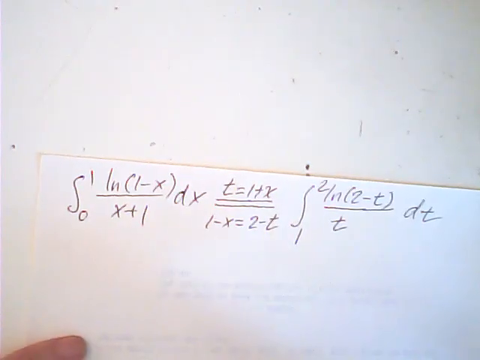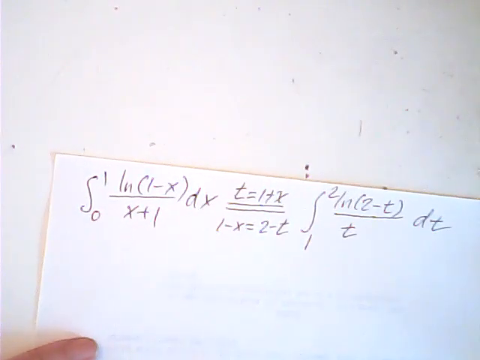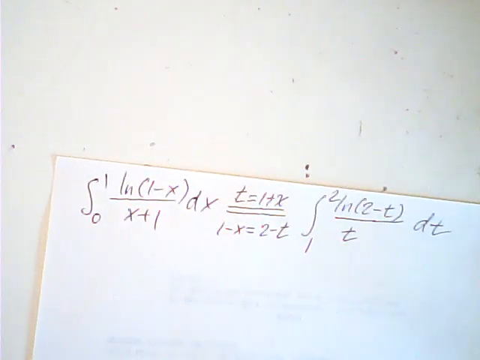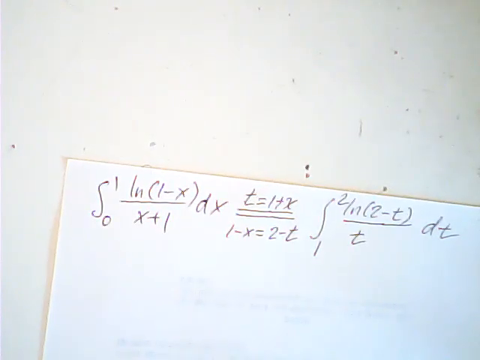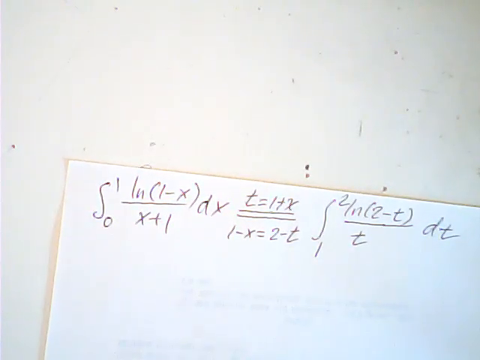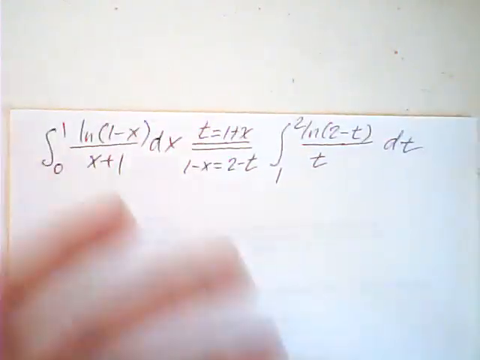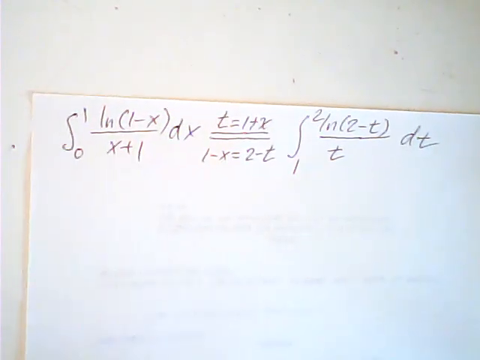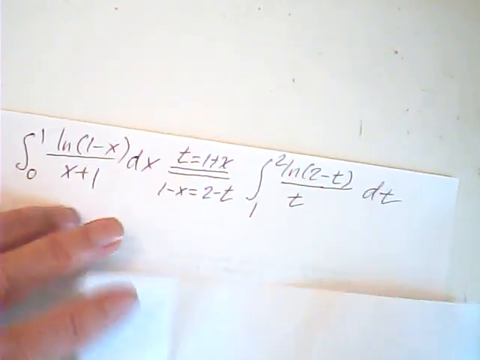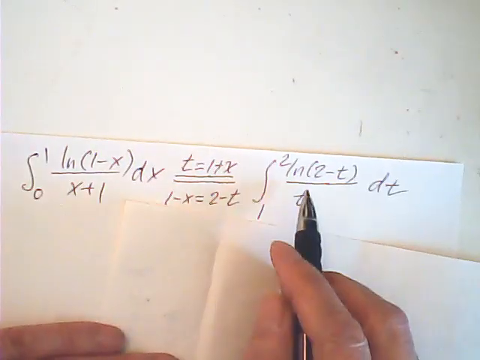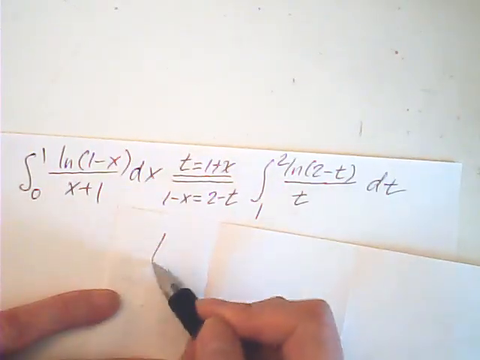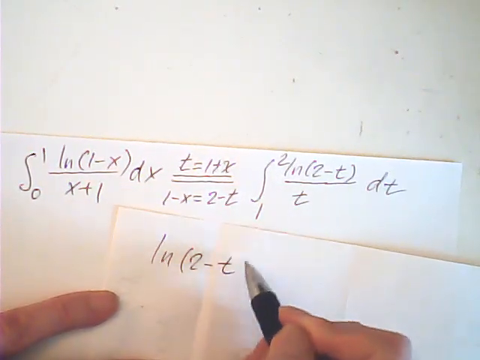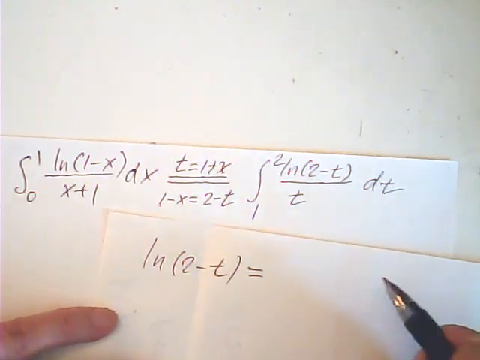Now then, here I want to express log 2 minus t as a series.